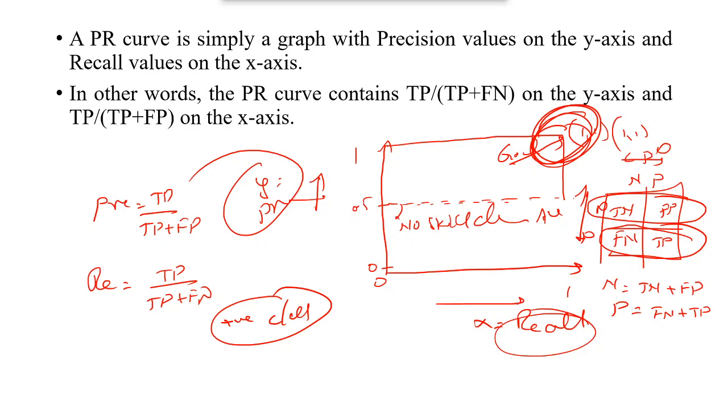It always predicts the minority class, meaning it always predicts the positive class. The trade-off between precision and recall is determined by the threshold values. It is like the ROC curve. In this PR curve also there is a threshold value that separates the positive classes from the negative classes.